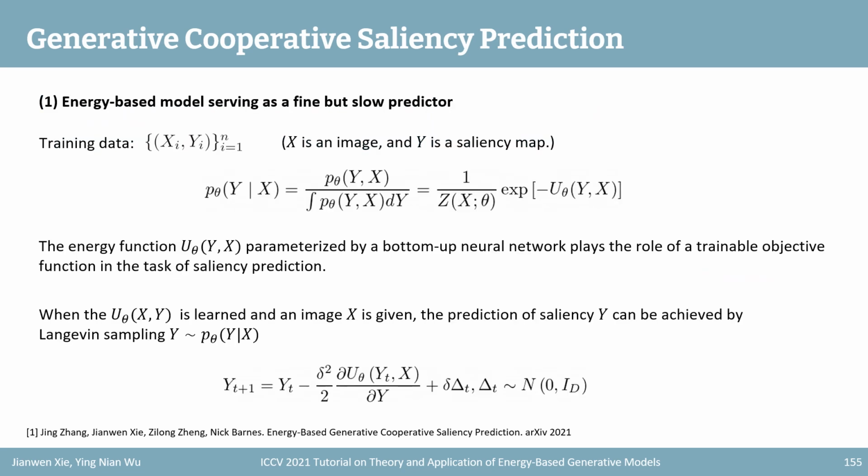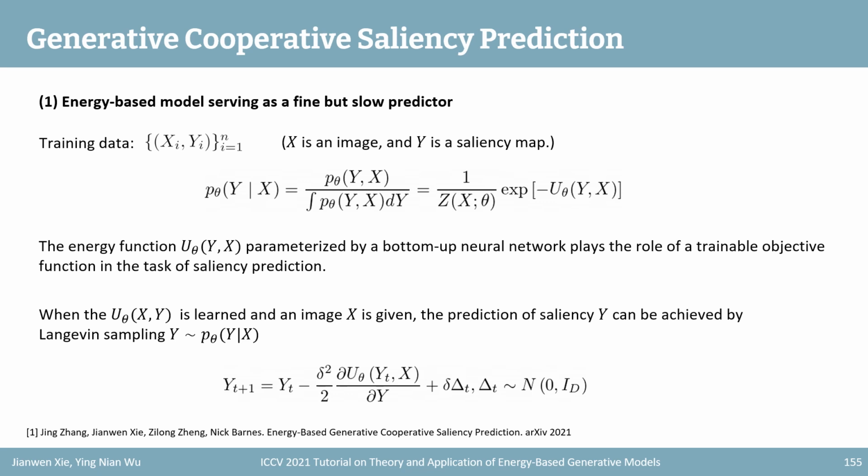Let X be an image and Y be a saliency map. The energy-based model can define an explicit conditional distribution of the saliency map Y given the image X. The energy function is defined on both X and Y, which maps both X and Y to a scalar.